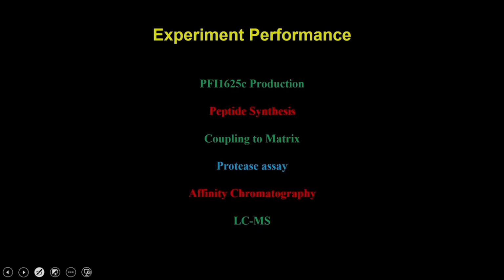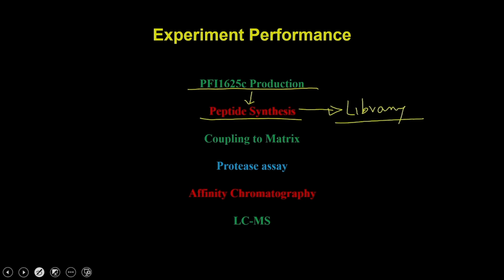For the experimental performance, what do you have to do? First, you have to produce the proteins, and you also have to synthesize different peptide sequences, so you have to generate a library. You can generate this library either de novo, which means you start with a scrambled sequence and then refine the sequences based on your findings, or you can take a pre-existing library. Then you couple these peptides to the matrix.